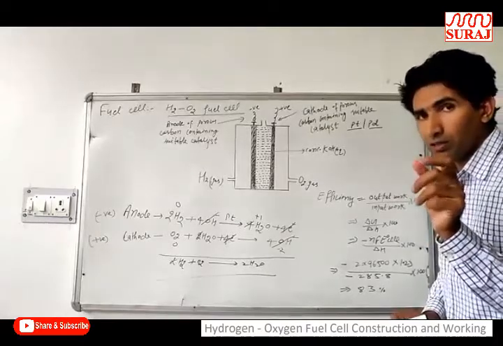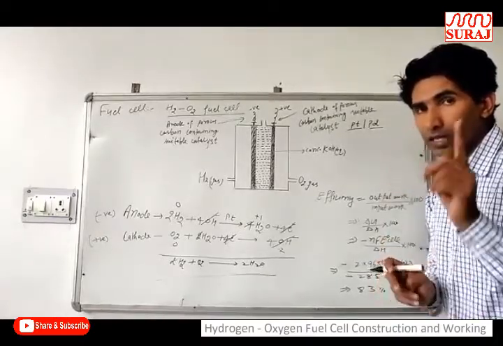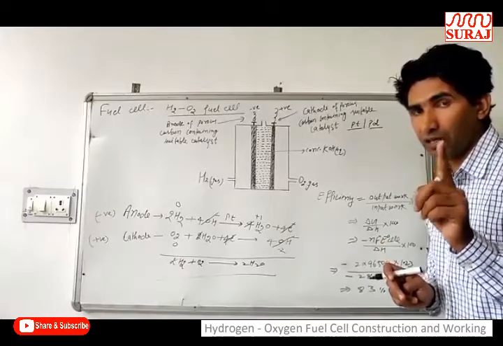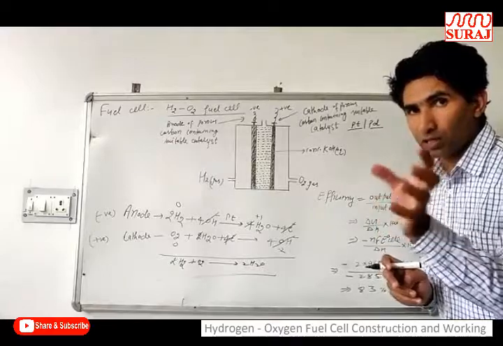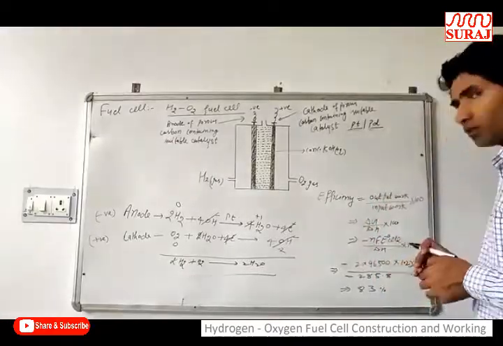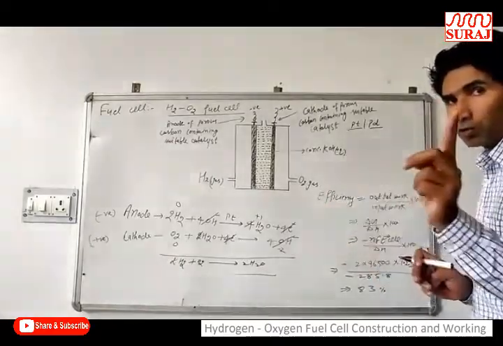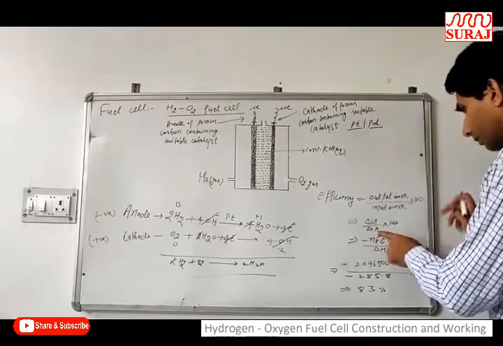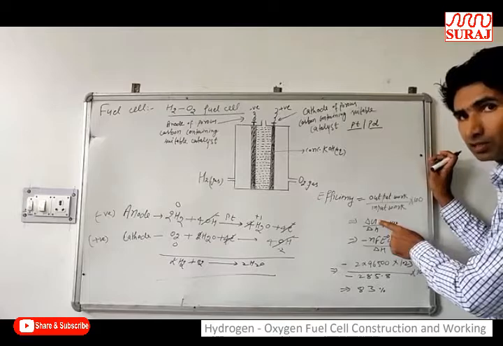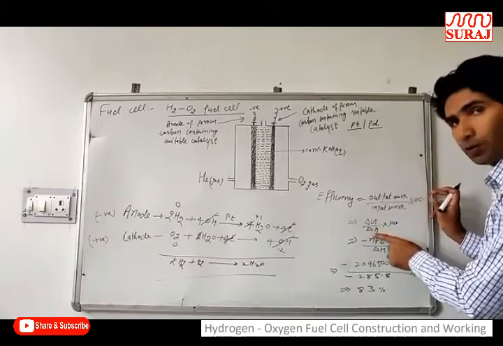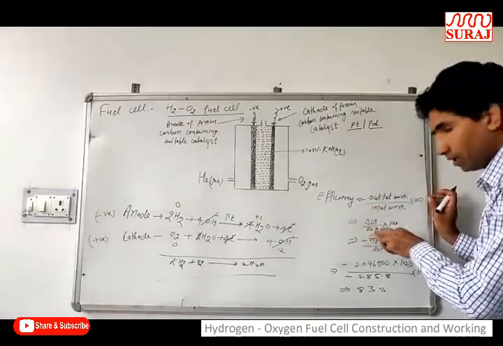According to the second law of thermodynamics, we cannot construct a machine which gives 100% efficiency because some energy is lost during the process. So we do not get the same output. Output work is delta G, the useful work. Input work is the total change in enthalpy, into 100.